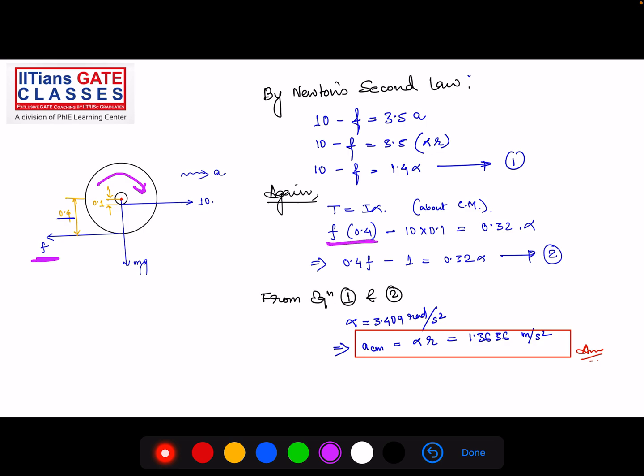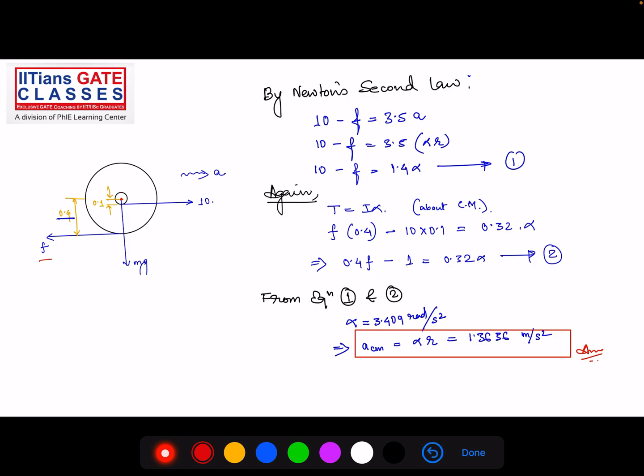So the torque because of friction force is positive, F into radius, that is 0.4, minus the torque because of the external load, which is negative because it is providing an anti-clockwise torque. So 10 into the radius of the axle. The diameter of the axle was 0.2, so the radius of the axle is 0.1, 10 into 0.1, and since it is anti-clockwise, I have written it as minus, is equal to I alpha. We have calculated I as 0.32, so 0.32 into alpha. If you rearrange the equation, it comes out to be 0.4 F minus 1 is equal to 0.32 alpha.